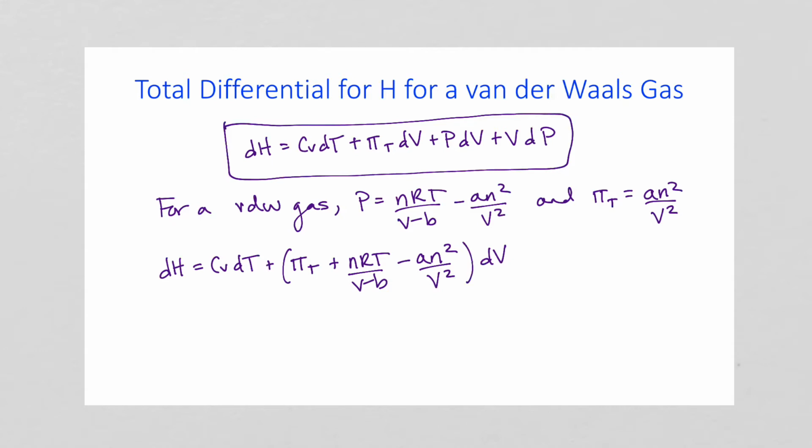And then don't forget we still have a V dP left there at the end. Remember we know that pi T is equal to an squared over V squared, so these will just cancel out. So we can simplify that total differential for the enthalpy, and that will look, when all is said and done, like this.